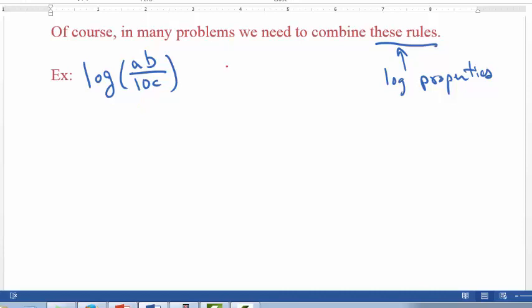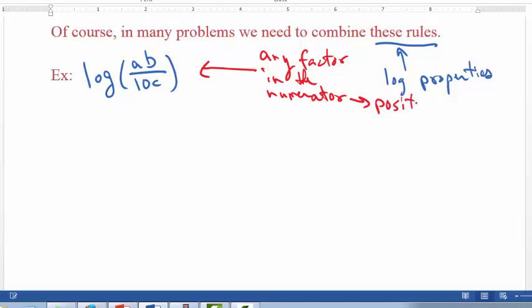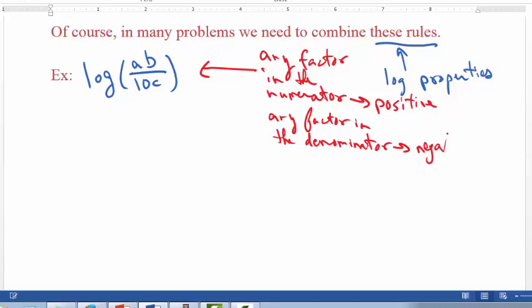What I would recommend is what I refer to as my generalized rule, which states that any factor in the numerator will become positive, and any factor in the denominator will become negative.